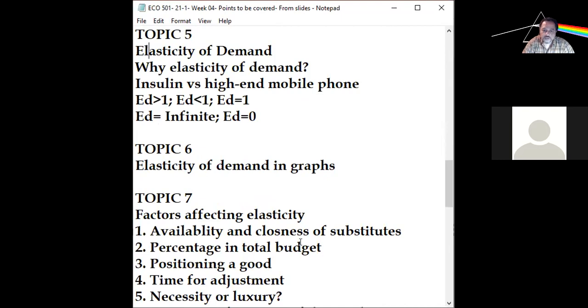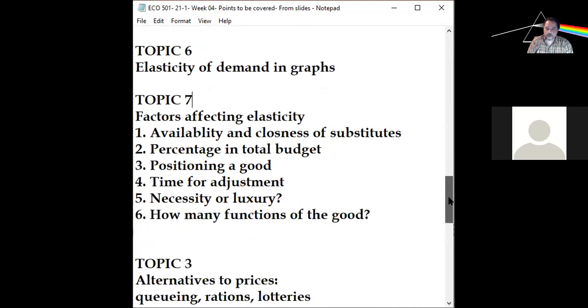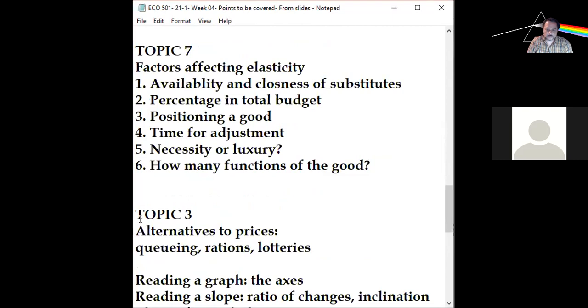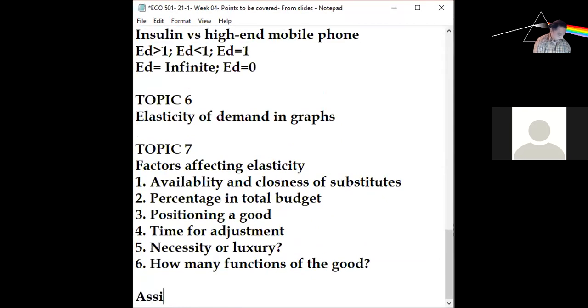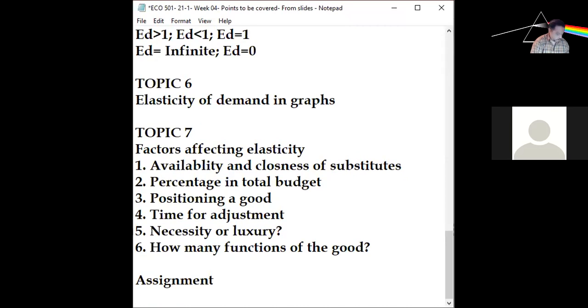And then topic 6, we see elasticity of demand in graphs. Finally, we look at factors that affect elasticity of demand. And then we will look at the assignment that we will be giving at the end of the class today.